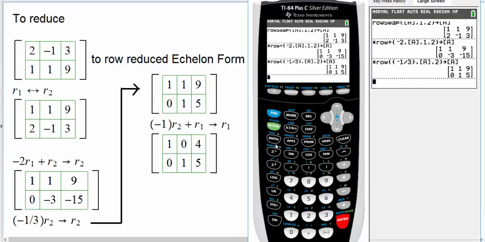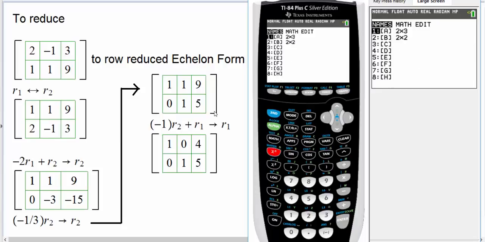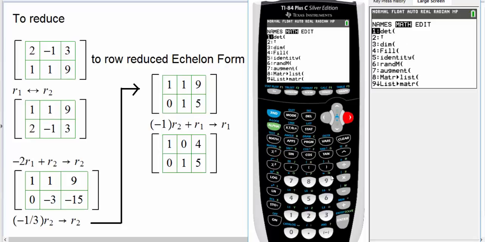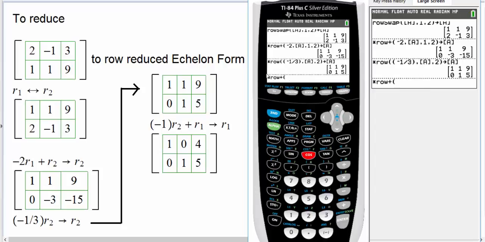Remember, we just did an operation like this, where we multiplied a row by -2. Here we are doing that with -1. So all we have to do is recall the option F, as you remember from before. So I would go to matrix, math, and then alpha. We want F, and see, it brought that up here for you.